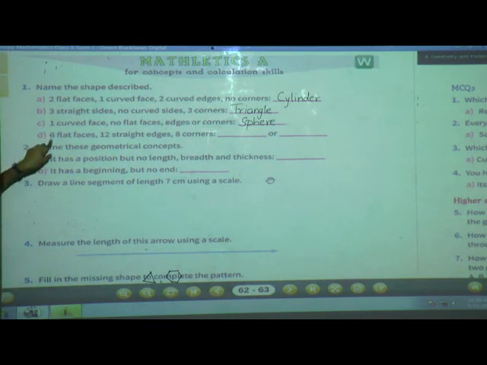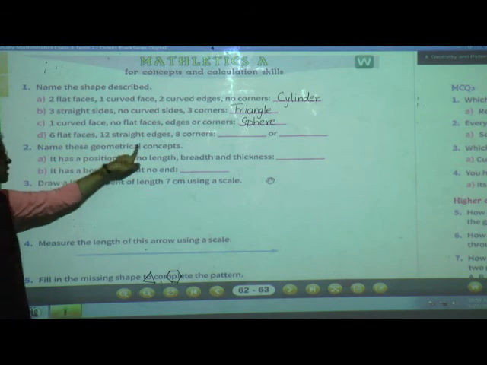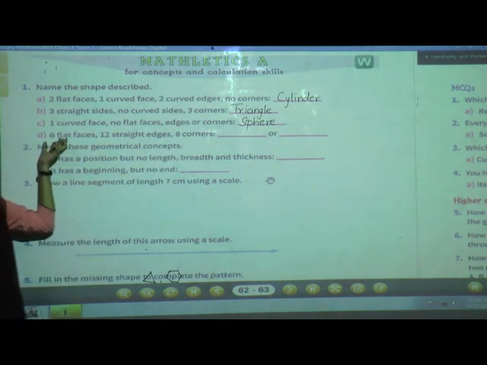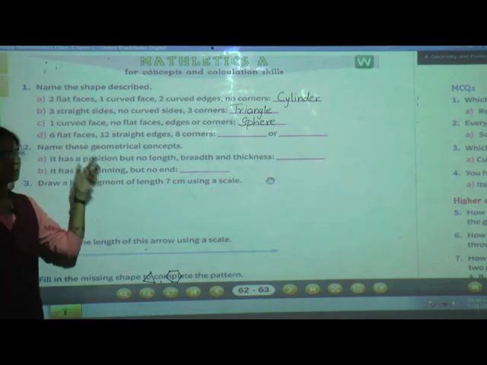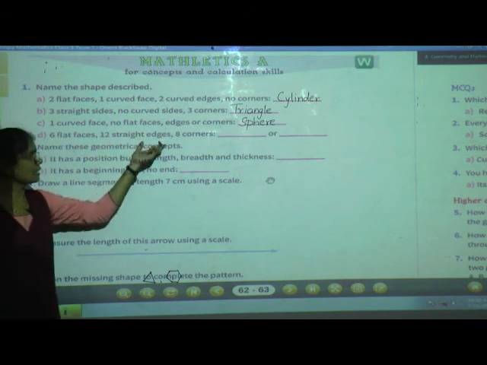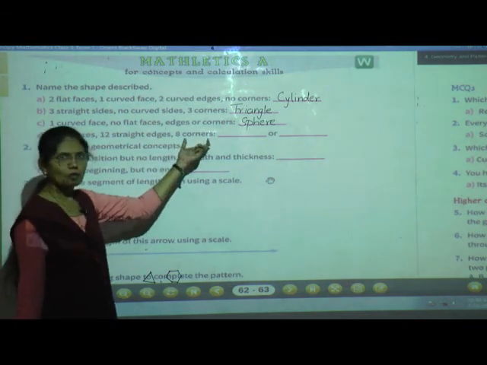Now see D1. Six flat faces, 12 straight edges, 8 corners. Both the shapes, cube and cuboid, have 6 flat faces, 12 straight edges and 8 corners.